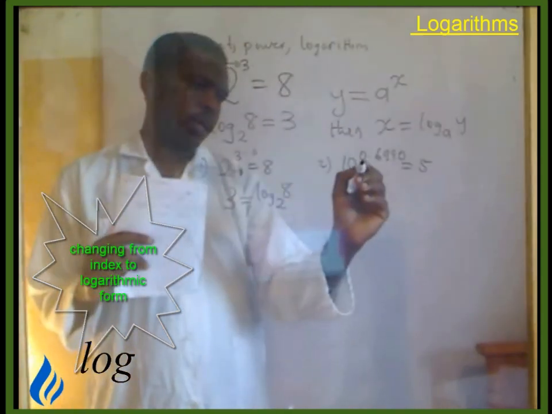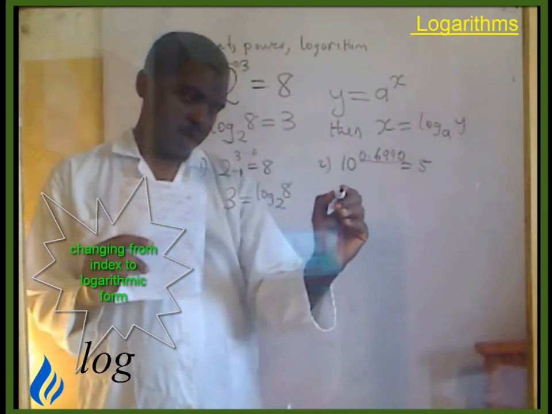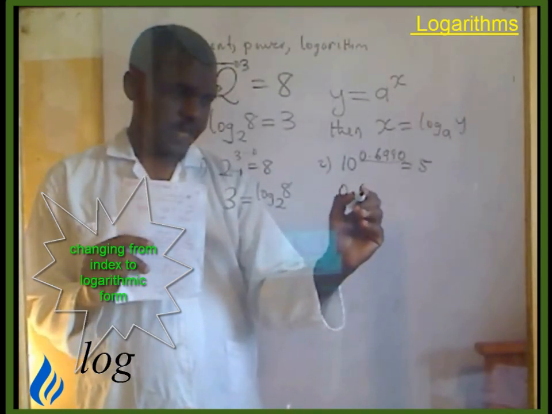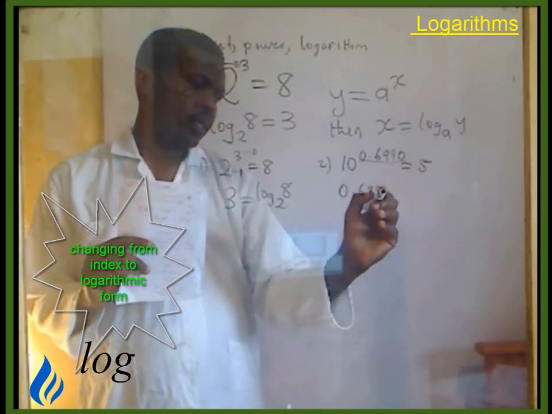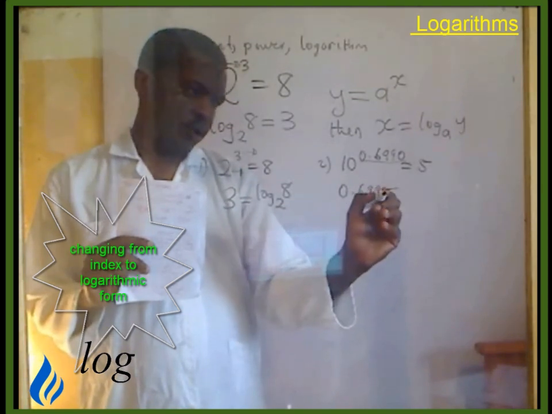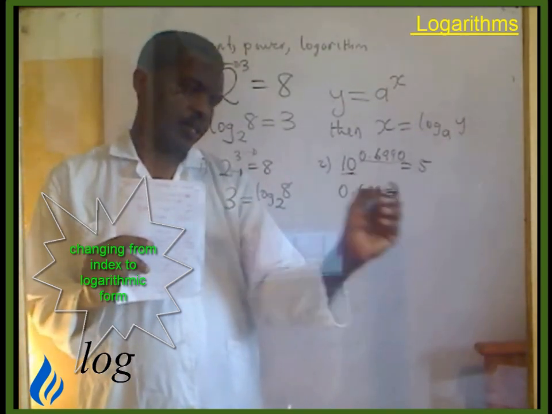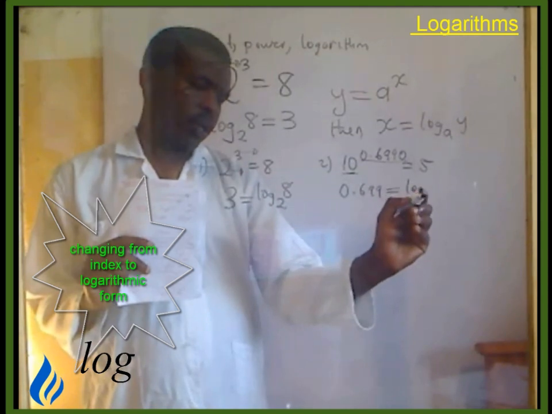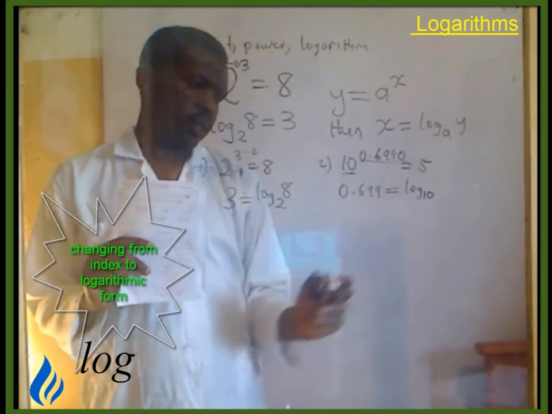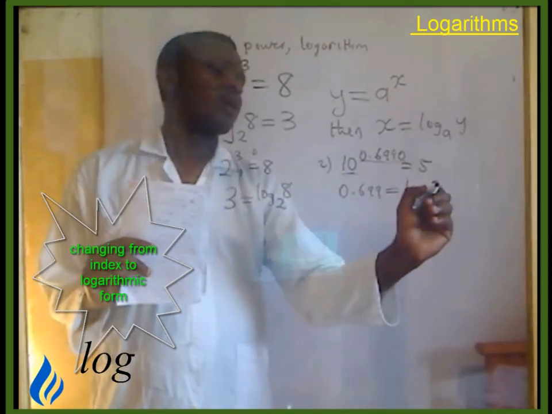In the same way, this is our logarithm, 0.699 is equal to, this is the base, log to base 10 of 5.